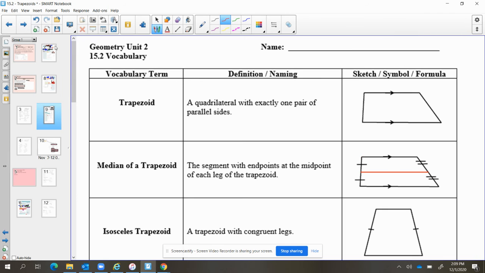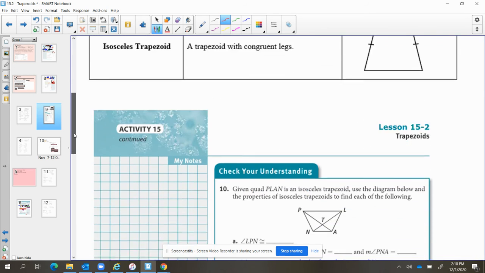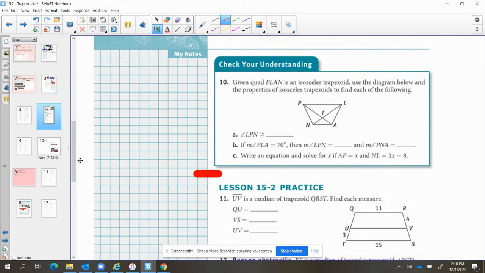Now, finally, again, we have some vocab here that we've talked about. We want to use some of this information about isosceles trapezoids. So in this picture here, they're telling us that this is an isosceles trapezoid. So we want to make sure we mark it so that we know those properties hold true. LPN is this angle right here.